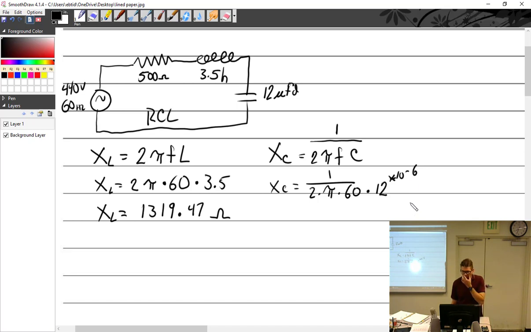Micro is 10 to the negative 6, correct. You can either put that in your calculator as EE negative 6 or convert it now, however you want to do it. 2 times pi times 60 times 12 times 10 to the negative 6, so I've got X of C equals 1 over 0.00452389, on and on and on.